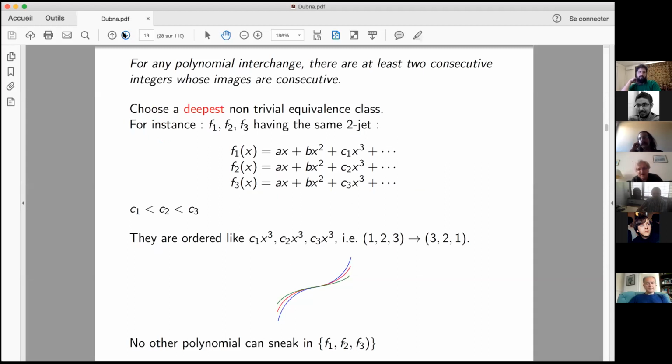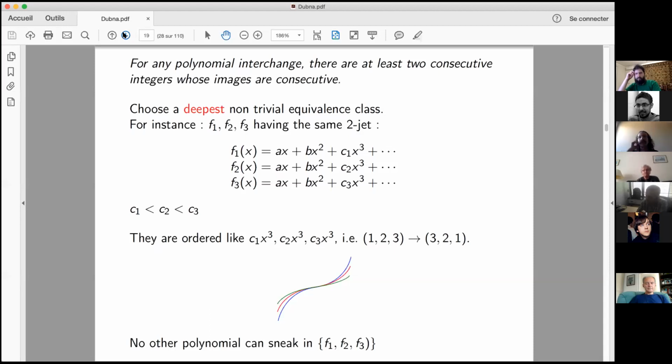So if you take the blue and the red, they are consecutive, and their images are also consecutive. So it's clear that if you take a polynomial interchange, you must have among the black dots at least two which are consecutive and whose images are consecutive.